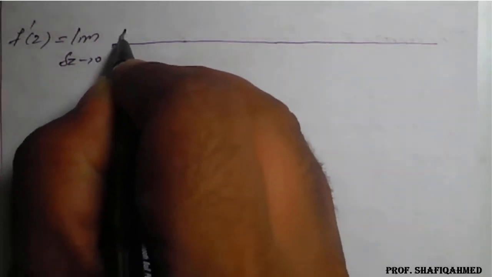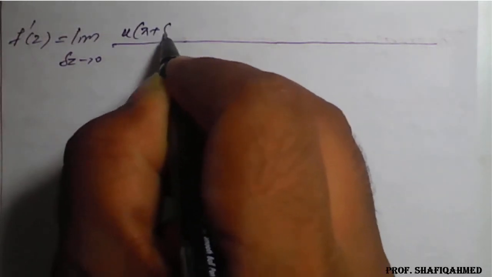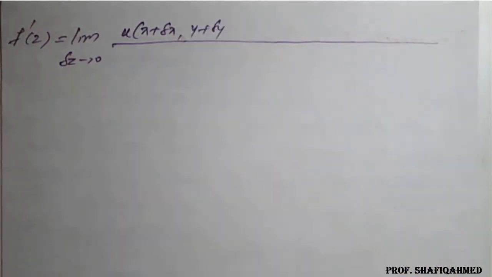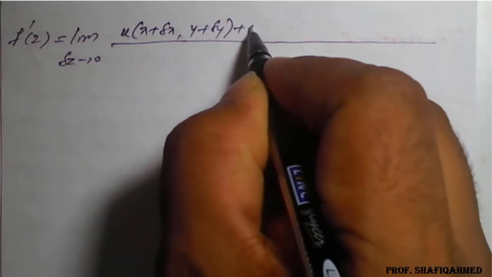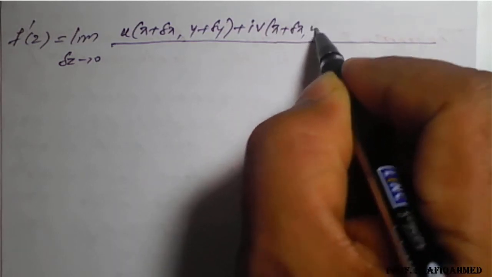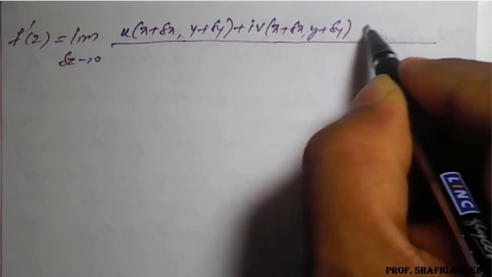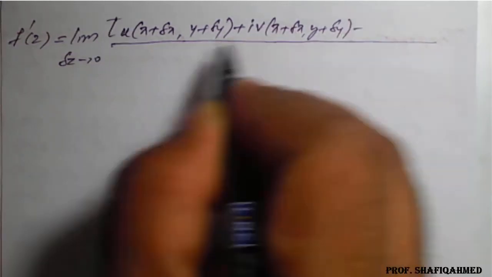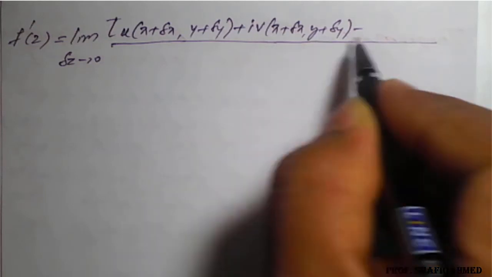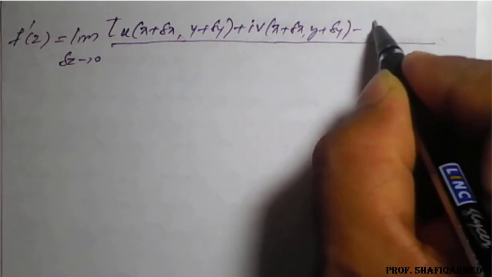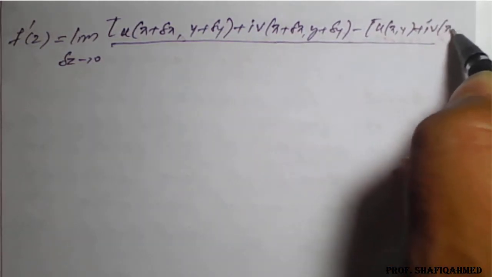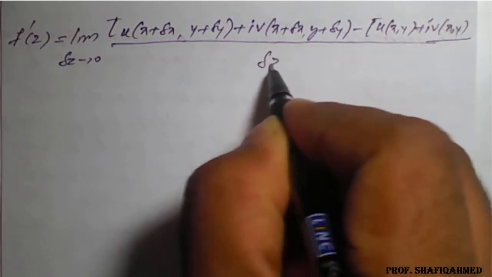So it will become u of x plus delta x comma y plus delta y plus I times v of x plus delta x comma y plus delta y, which is f of z plus delta z, minus, in place of f of z, u of x comma y plus I times v of x comma y, whole divided by delta z.